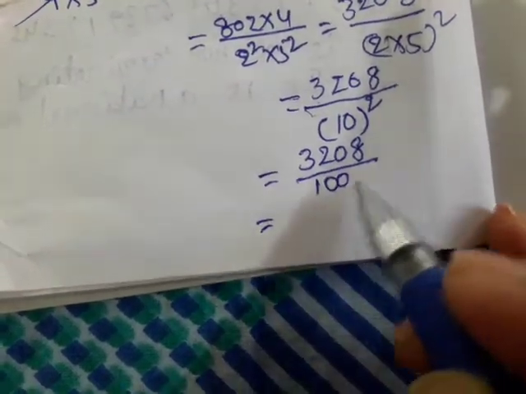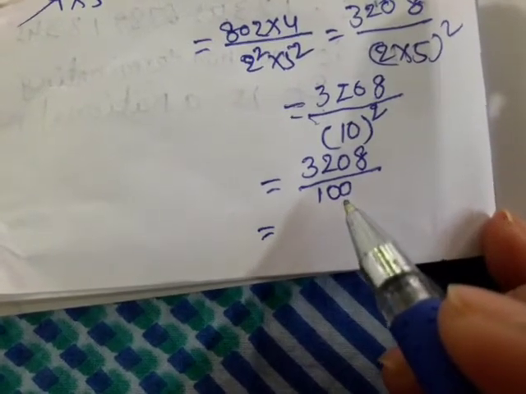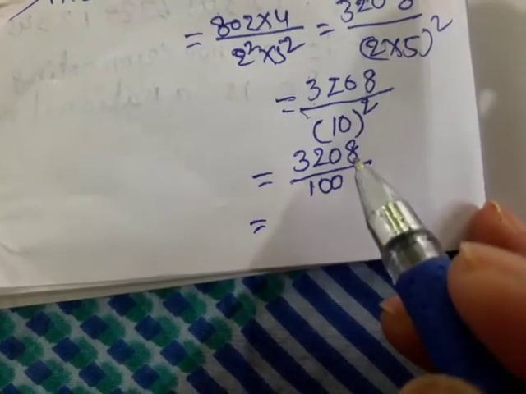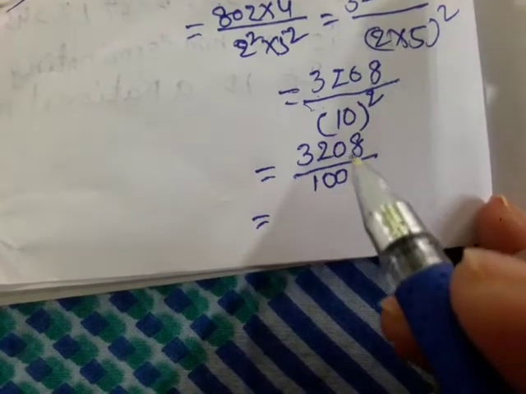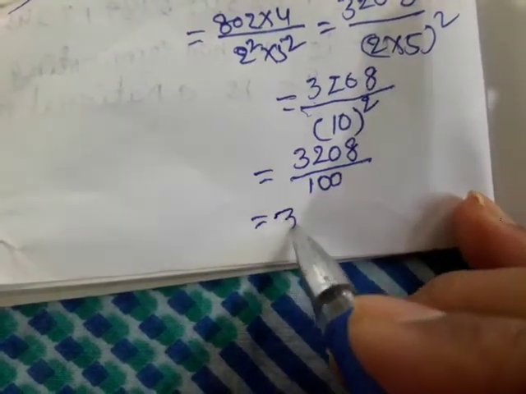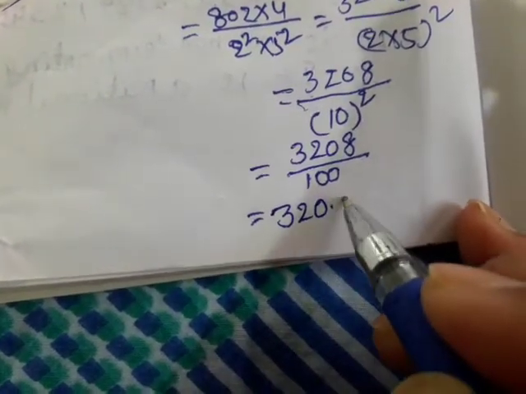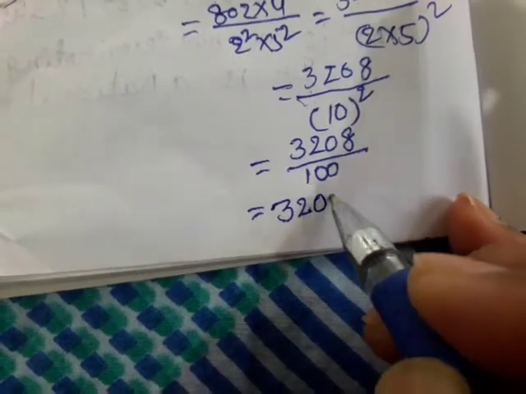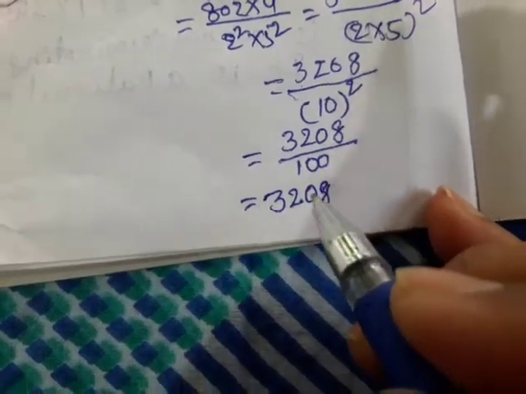Here we have 2 zeros, so you keep a point after 2 digits from the right side, 1, 2. 32.08. This is the answer.